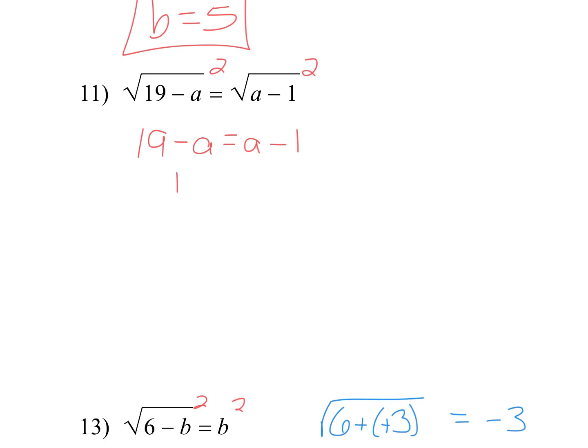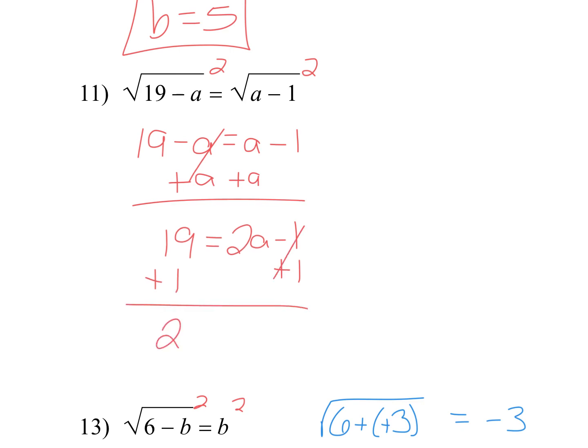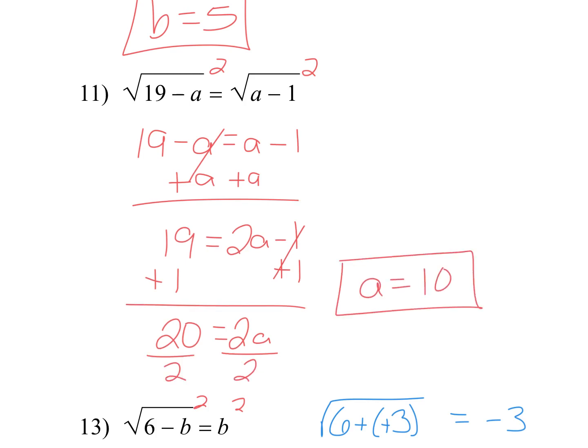Okay, get a on one side. So we have 19 equals 2a minus 1. There's 2 more steps. Add 1. 20 equals 2a. Last step. Divide by 2. A equals 10. Good.